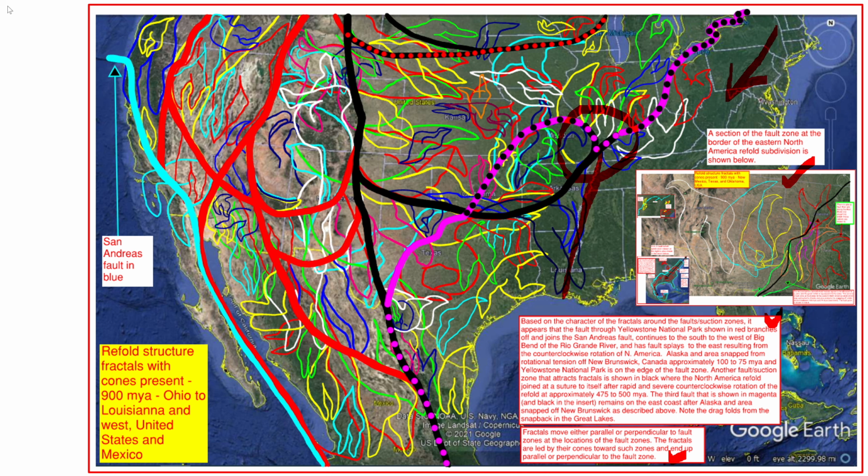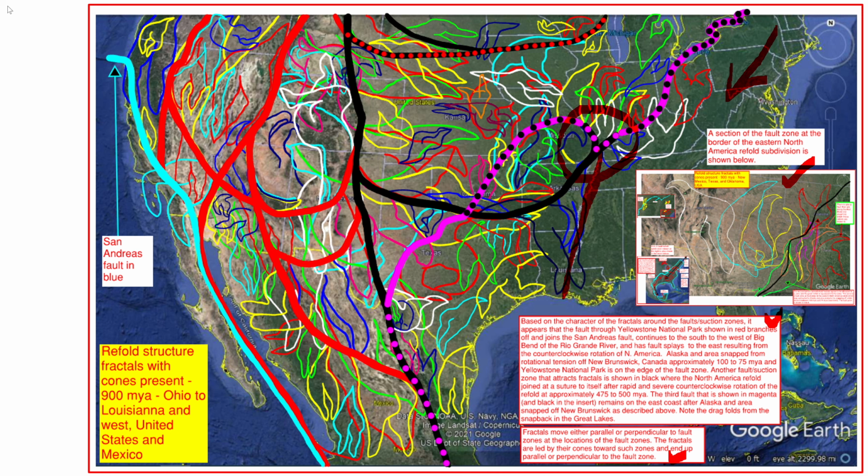So there's some slack in the border, and we discussed that the Boudin path, as shown in the previous slide, snapped and everything. There's slack, and the border of the refold subdivision mimics the snapped Boudin path.